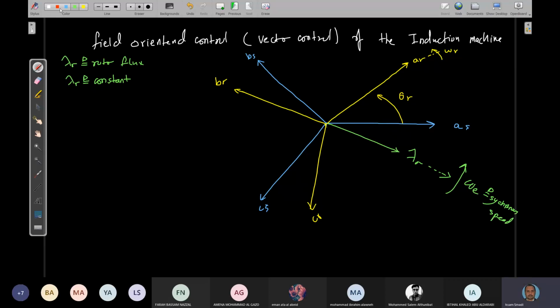So now I will attach my reference frame. Let's assume that I'm lucky such that I will attach a reference frame such that the dx is pointing toward the rotor flux.